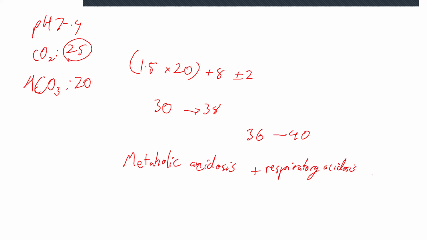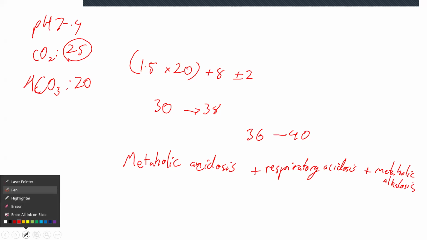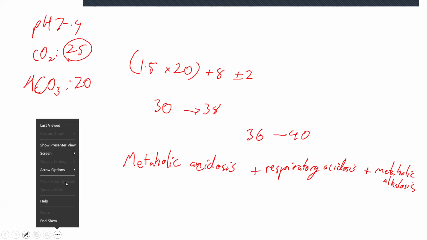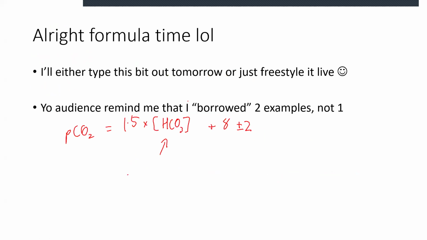So we have a third disorder as well in this case, which is a pre-existing metabolic alkalosis. Okay. All right, that was a terrible mouthful, but hopefully it was all clear. Just before we move on, does anyone have any questions?